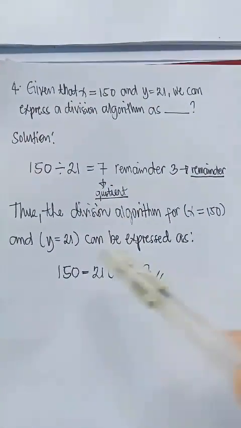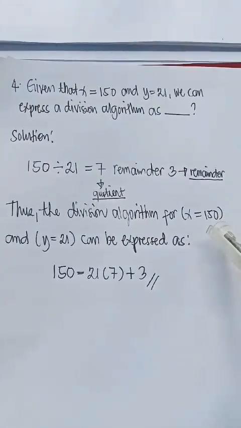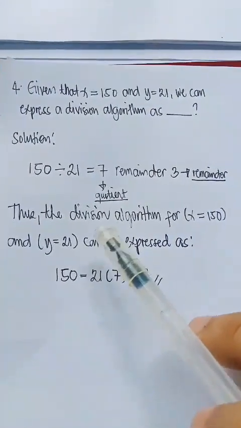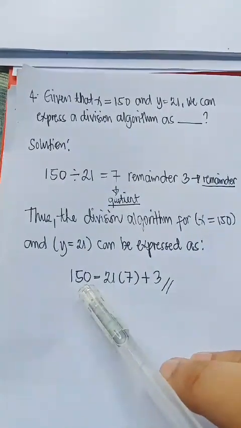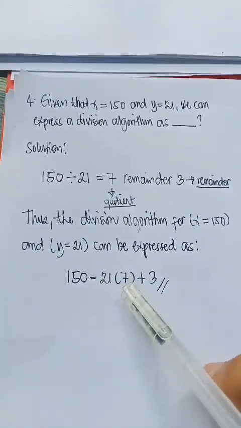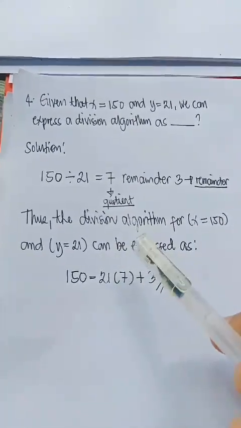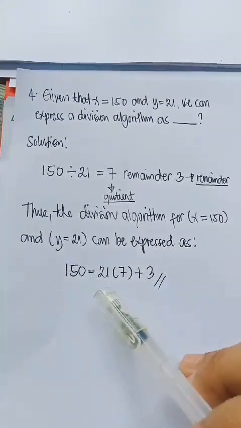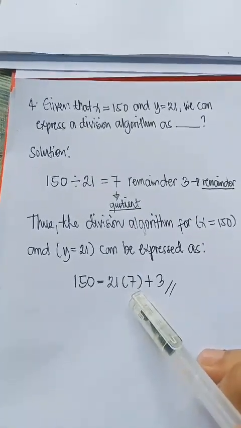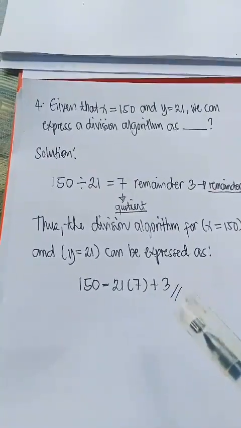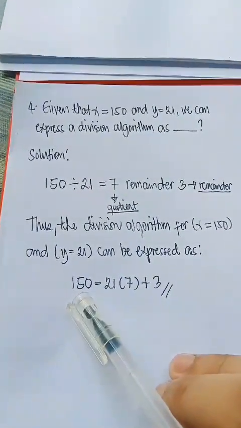Thus, the division algorithm for x equals 150 and y equals 21 can be expressed as 150 equals 21 times 7 plus 3. To explain further, 21 times 7 is 147, plus 3 results in 150.